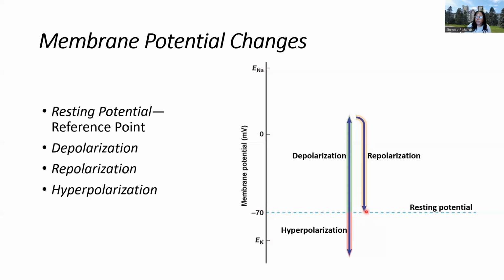And then hyperpolarization is if we undershoot the resting membrane potential, a more negative change from the resting membrane potential. So a depolarizing event, a repolarizing event, and then a hyperpolarizing event, which would be much more negative.